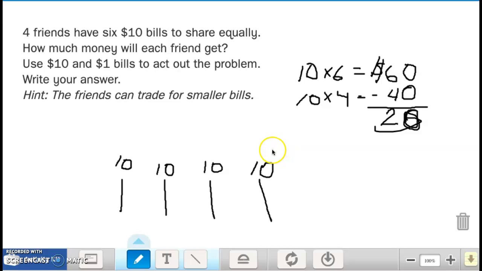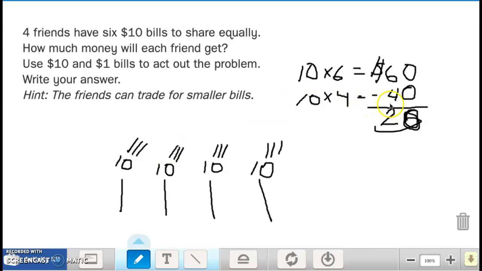So here we've got 40. Let's go ahead and share so we can figure it out. So 40, 41, 42, 43, 44, 45, 46, 47, 48, 49, 50, 51, 52.